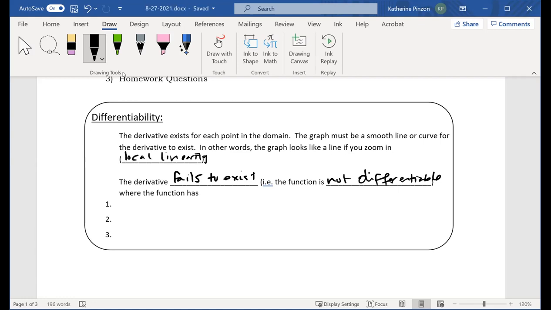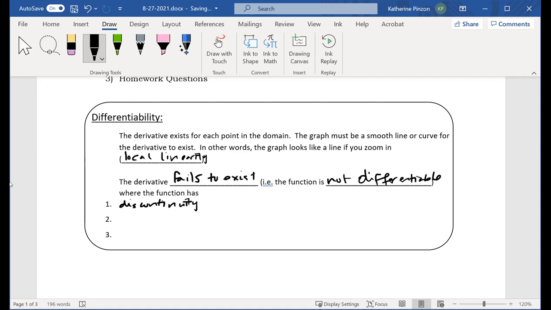If there is any kind of discontinuity, remember there are 3 kinds: infinite, removable, and jump. If any of those happen, your function cannot be differentiable. It has to be continuous to be differentiable.